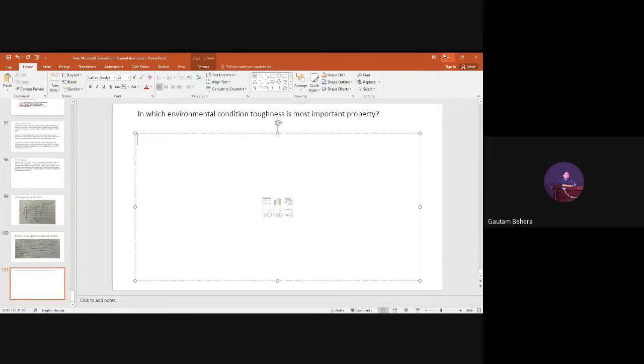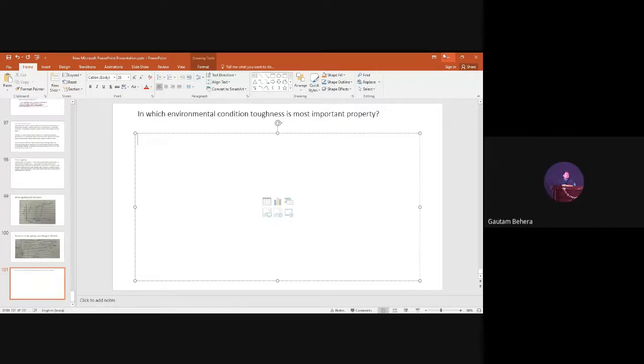What will happen to the steel in the Arctic and Atlantic part of our world? Toughness will decrease. Yes, very good.